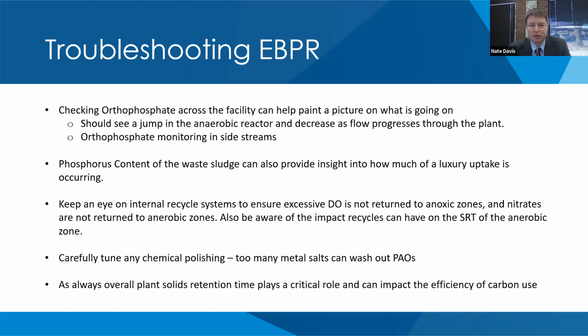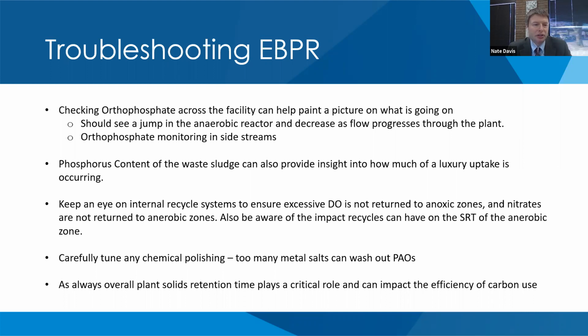If everything's working correctly, we should see a high jump in phosphorus in your anaerobic reactor as the microorganisms release their excess phosphorus. And then we should start to see that decrease as we progress through the plant, particularly when we get to the aerated zones with the higher DO.